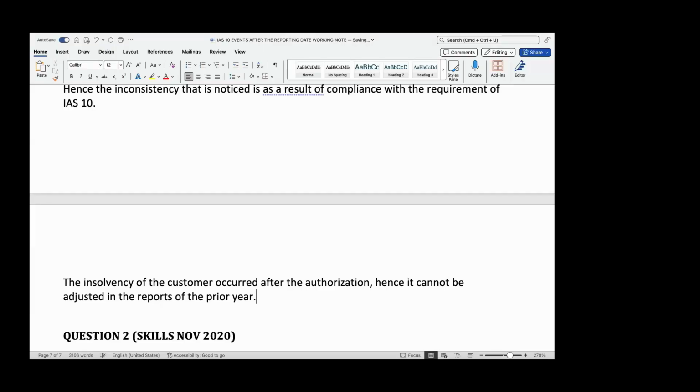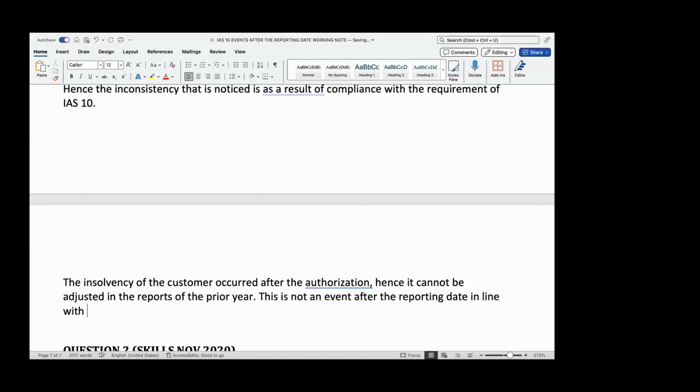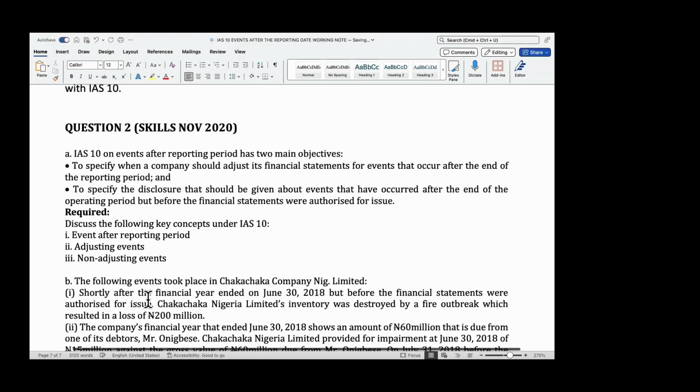So it's outside. In fact, this is not an event by the reporting date. It does not meet that definition, because it's happening after the reporting date.